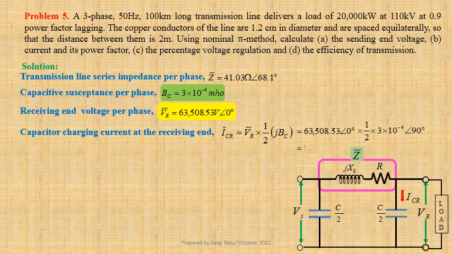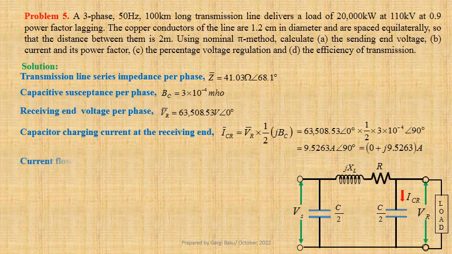That gives us 9.5263 ampere at an angle 90 degree. This may be written in Cartesian form as 0 plus j times 9.5263 ampere.